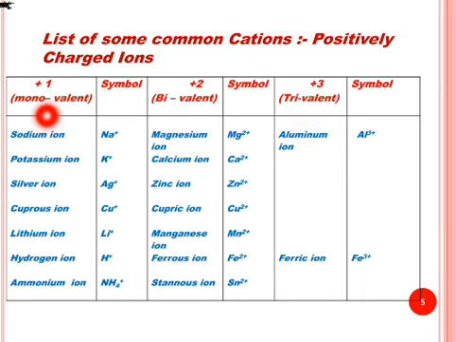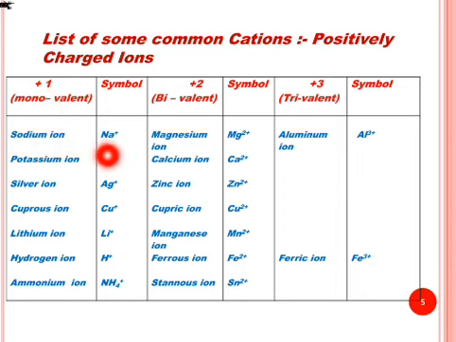Monovalent. Mono means one. The ions which have +1 charge. Bivalent. Bi means two. The ions which have +2 charge. Trivalent. Ions which have +3 charge. So, see in this column the monovalent ions having +1 charge or whose valency is 1.